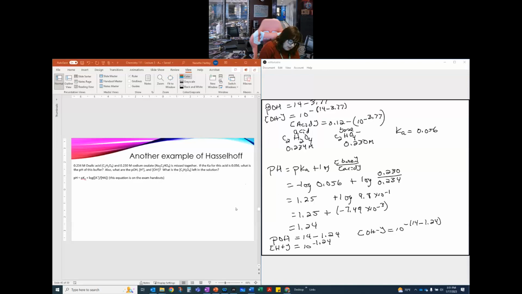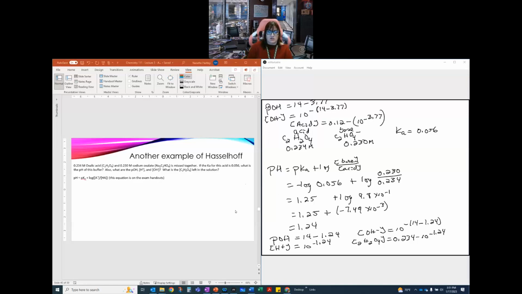And then I want the concentration of the C2H2O4, which is going to be equal to 0.234 minus the H plus, so 10 to the negative 1.24. And that's how I get all of those happy calculations that I'm looking for. All right? So that's how we do that. I hope that there are no questions about that. You can see that it gets very routine once you've done a bunch of repetition with it.